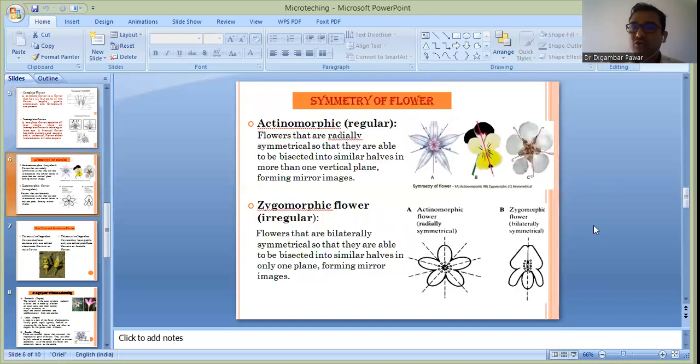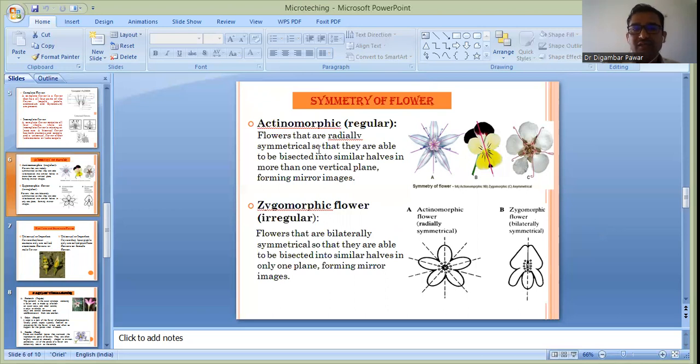Here is the symmetry of flowers. On the basis of bisecting into similar halves to form a mirror image, flowers have two shapes, regular and irregular, also called actinomorphic and zygomorphic flowers.